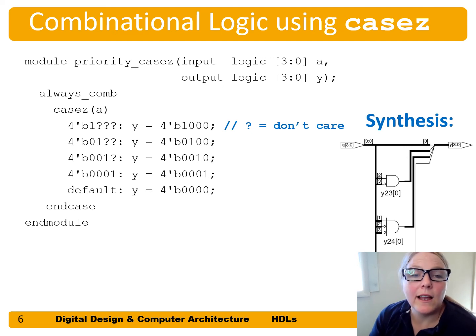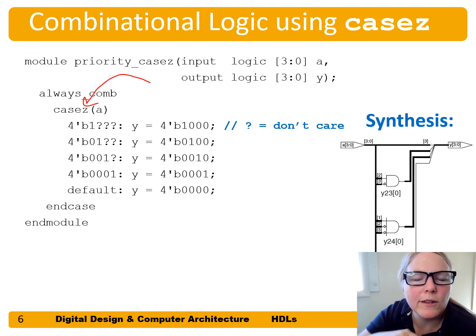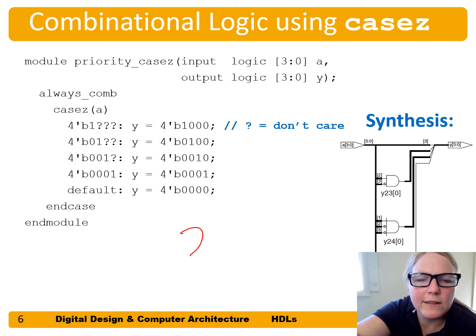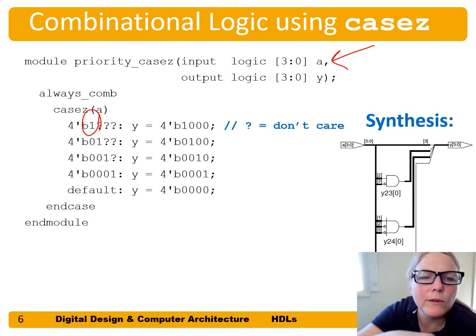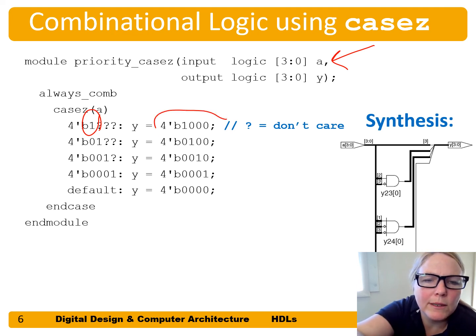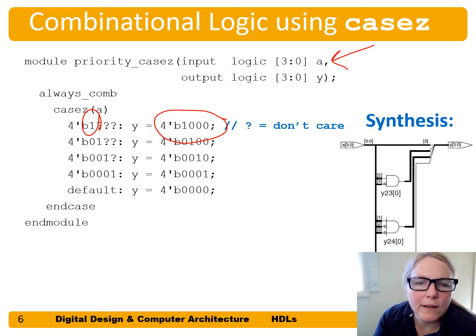And here we have another example of a case statement, but this is called a casez. So this is the priority circuit that we've talked about in prior videos. And so we have these question marks. Those question marks right there are don't cares. So it means that we don't care what the other inputs are. So here we have our input A, and when A sub 3, that most significant bit of A, is high, it says I don't care what the other bits are, because when that's true, I'm going to give priority to that most significant requester, or A sub 3.